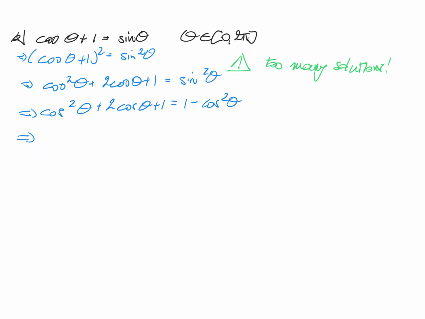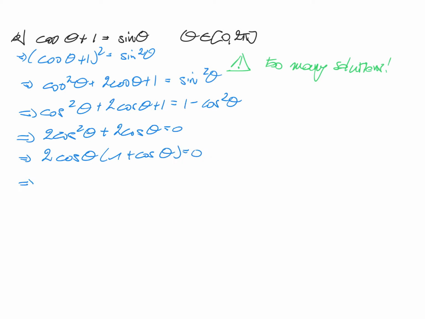We bring everything to the same side. 2 cosine squared of theta plus 2 cosine of theta is 0, or 2 times cosine theta times 1 plus cosine of theta is 0. So it means that either cosine of theta is 0 or cosine of theta is minus 1.